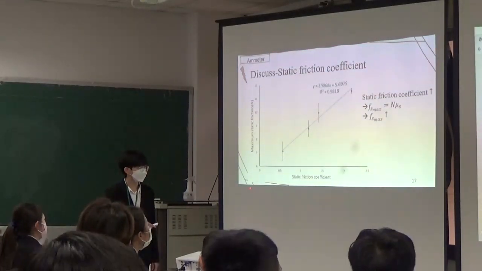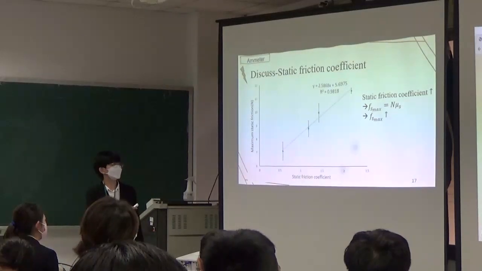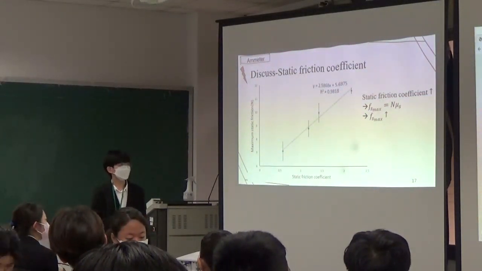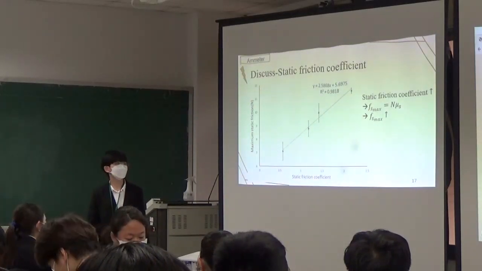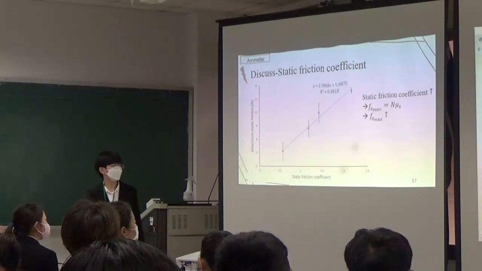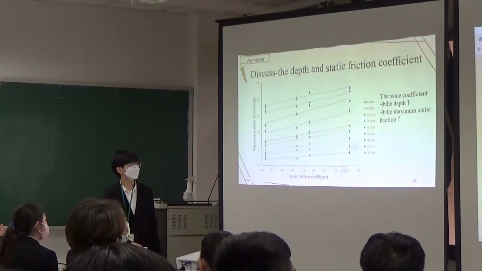For this one, the x-axis is the static friction coefficient, and the y-axis is the maximum static friction. So when the static friction coefficient increases, because of this formula, we can know the maximum static friction also increases.